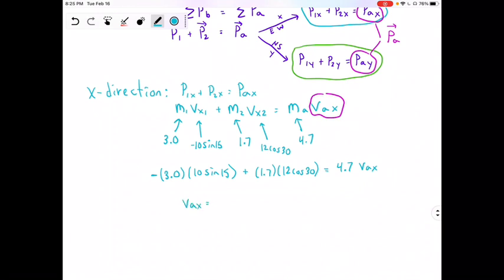So then we're going to solve for v after x. v after x equals negative 3.0 times 10 sine 15 plus 1.7 times 12 cos 30, all divided by 4.7. And again, I really want to point out this negative sign, which came from the west on the first velocity.